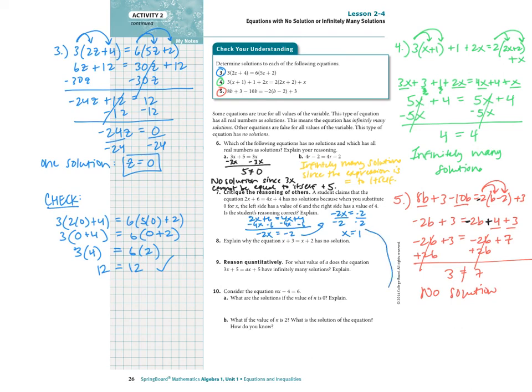So I am going to write that down here because we're actually going to skip over 8, 9, and 10. So we got a little bit of space below. We're going to say, no, just because x equals 0 is not a solution doesn't mean the equation has no solution.